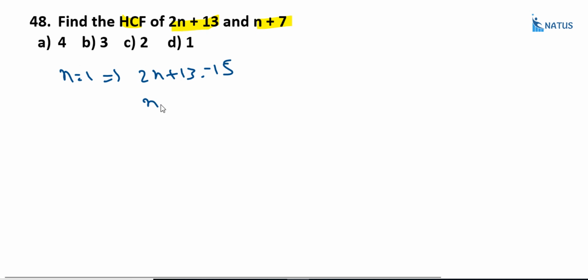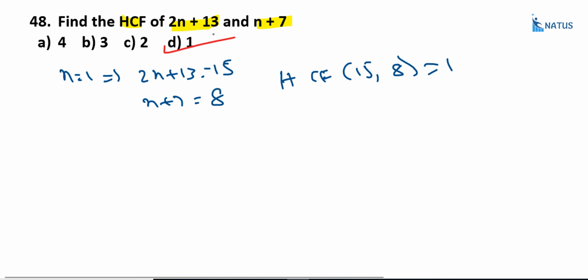And n plus 7 is equal to how much? That is equal to 8. Now, are these two co-primes or not? So what is the HCF of co-primes? That is equal to 1. HCF of 15 and 8 is equal to 1. You can take any number and use a trial and error process, and you will get the answer. Option D is the correct answer.